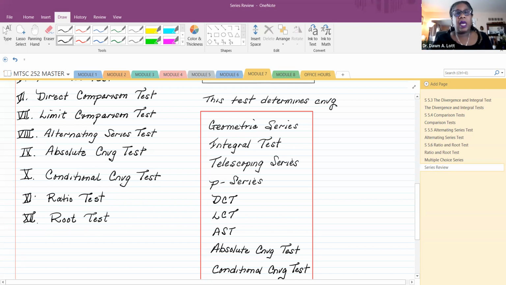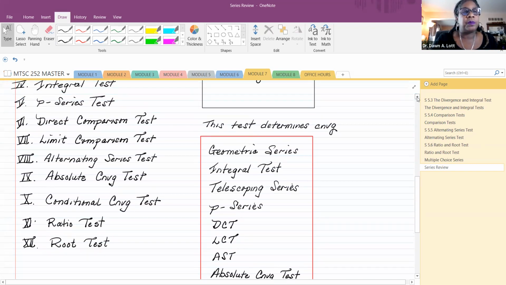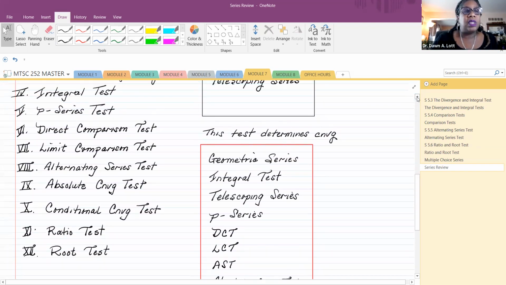So we had all of these tests that we could use to determine if a series converges or diverges: the integral test, the p-series test, the direct comparison test, the limit comparison test, the alternating series test, the test for absolute convergence, the test for conditional convergence, the ratio test, and the root test.